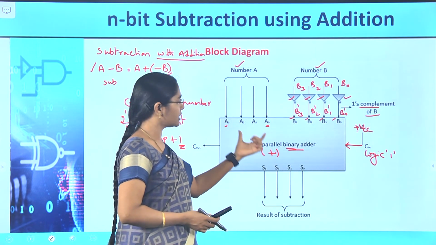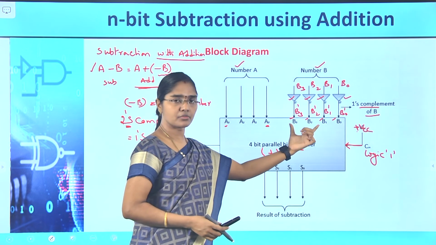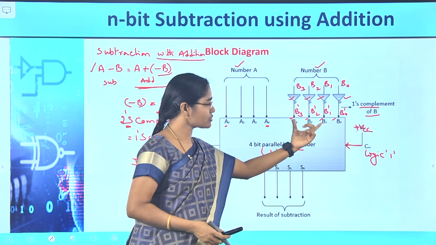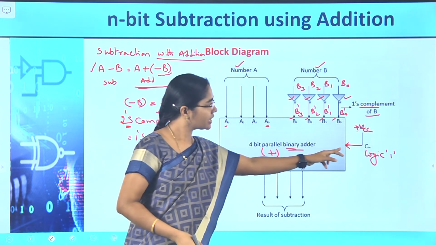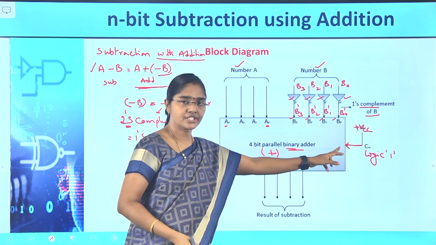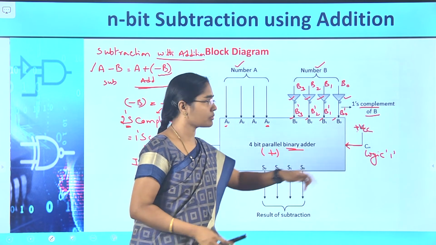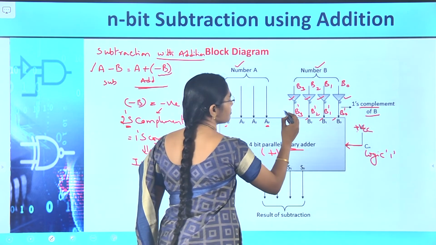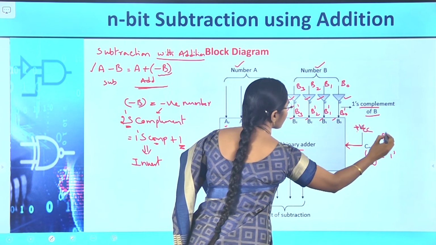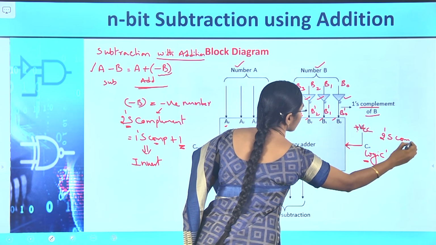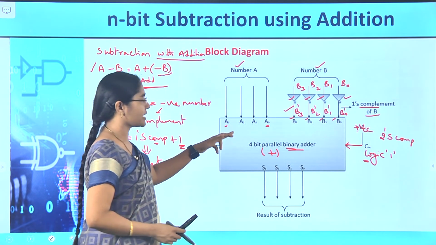This is the adder, which takes a and b as inputs, where in the place of b, it gets b0 bar to b3 bar, the 1's complement, and logic 1 is applied as the initial carry, which is required for the 2's complement. Combined, b3 bar to b0 bar plus 1 is the 2's complement representation, and a is applied directly.